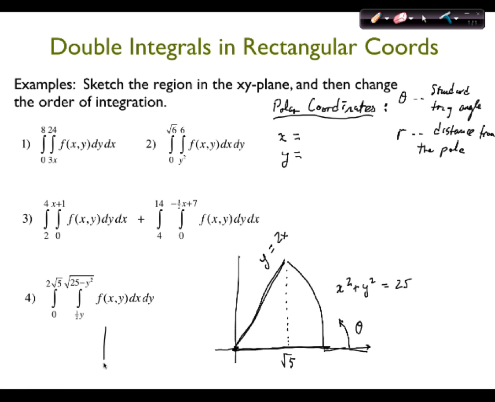So if you had any point x and y here, that's your x, that's your y. The distance from the pole is the hypotenuse of that right triangle. So how can we get r from x and y? Using the Pythagorean theorem, r squared equals x squared plus y squared. And then this is our angle theta, right?